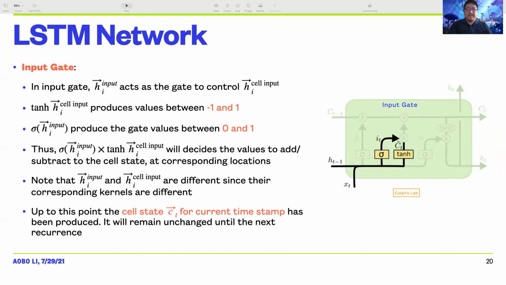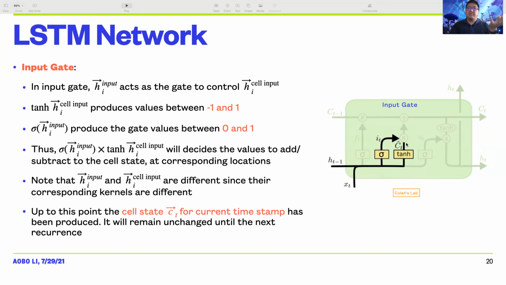Then we go into an input gate, where we input information into the cell state. In the input gate, each input acts as a gate to control each cell input. The hyperbolic tangent cell input produces values between -1 and 1. When we feed each input into a sigmoid function, it gives you a value between 0 and 1.